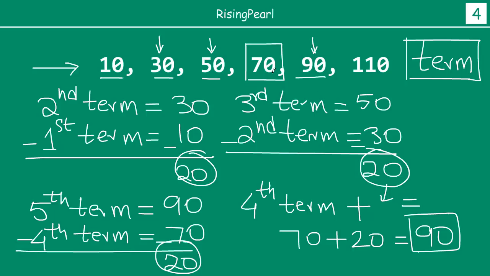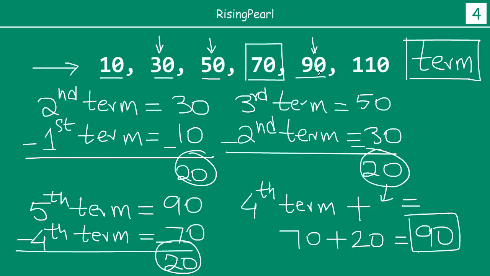This series has a total of 6 terms. If I take the first term and add 20, I get the second term. If I take the second term and add 20, I get the third term. If I take the third term, 50, and add 20, I get the fourth term.